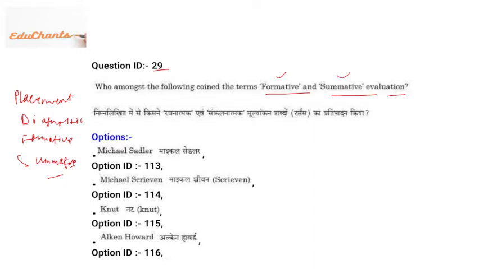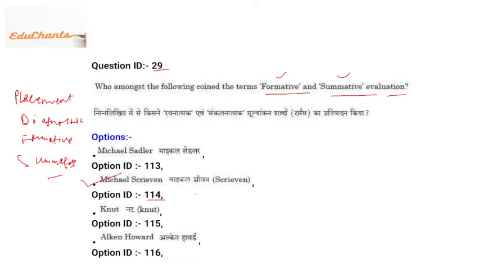Michael Sadler, Michael Scriven, Alkin, Howard. So definitely you can discriminate the answer. If you don't know the answer, at least you are from an education background, definitely you can smell it. You can just extract it from the options. The option B is the correct answer, option ID 114.